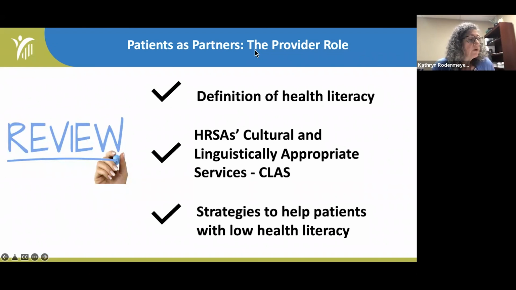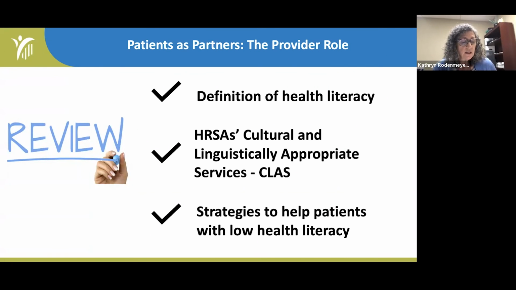To review, we've talked about the new Healthy People 2030 definitions of health literacy for individuals and organizations. We talked about the CLAS standards and that we should aim to recognize that we need to use culturally and linguistically appropriate language and images when talking with individual patients and developing communication pieces, to have the best chance at reaching the patient with our message and for the patient to successfully follow through on the treatment and take action.